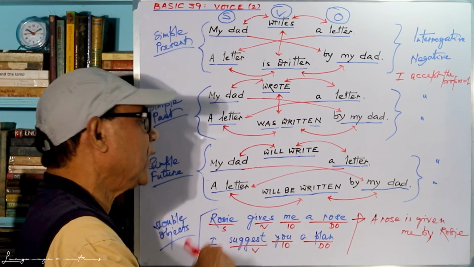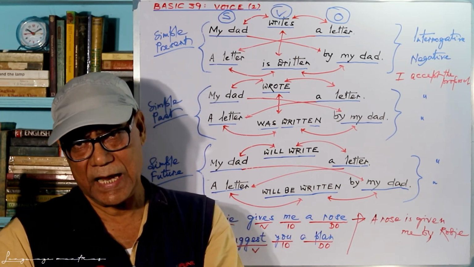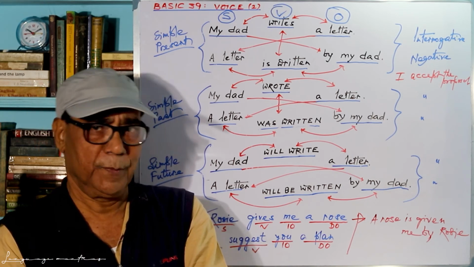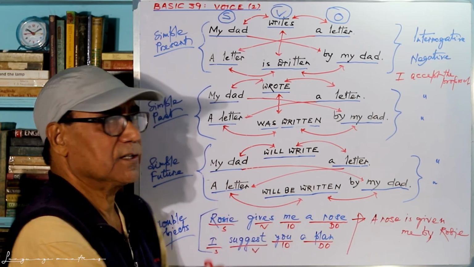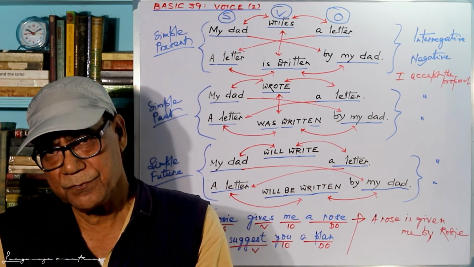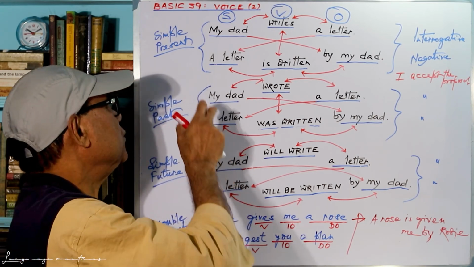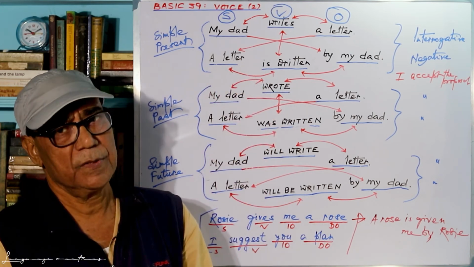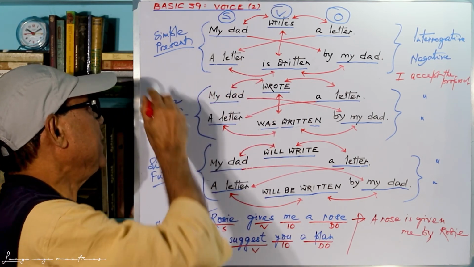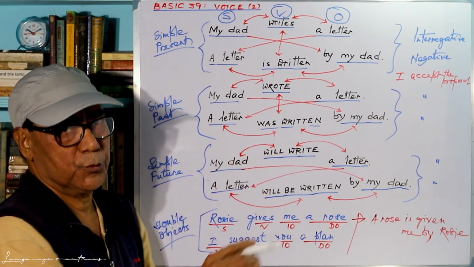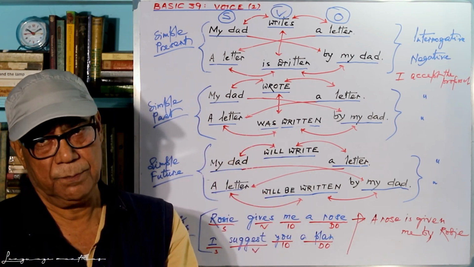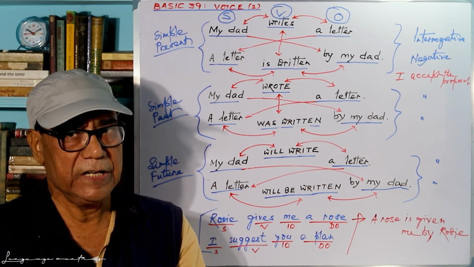So you see how both the objects can be used to make passive voice sentences. We have two options here. So what have we done today? We have tried to see the passive form of sentences in terms of simple present tense, simple past tense, and simple future tense. And this is very simple, no problem, not very intricate thing.